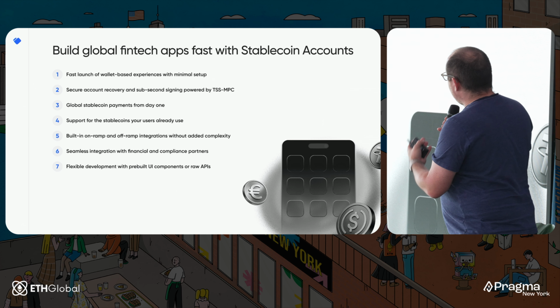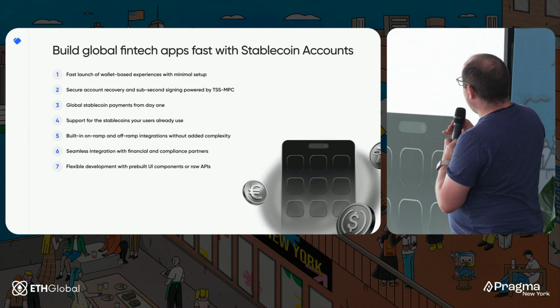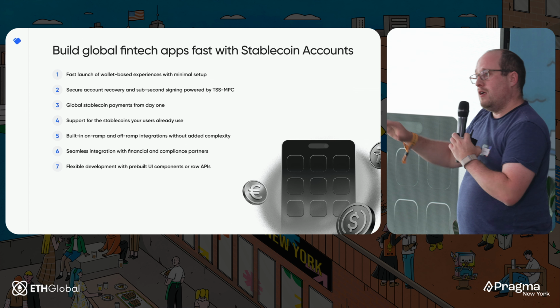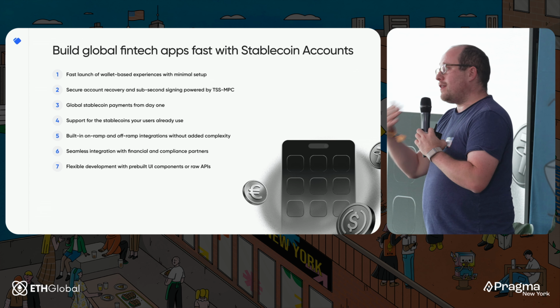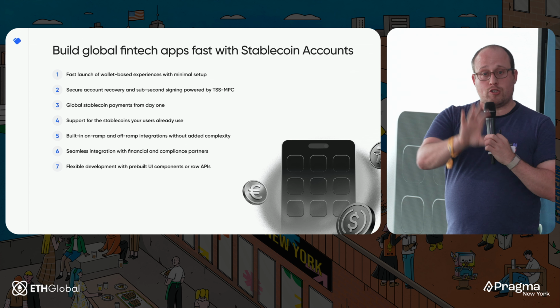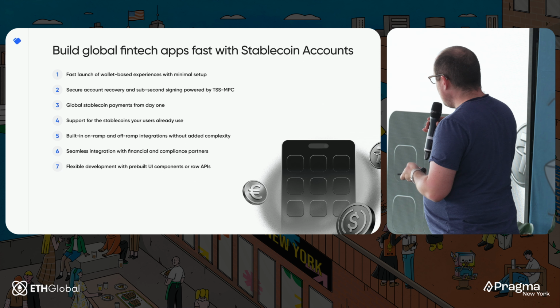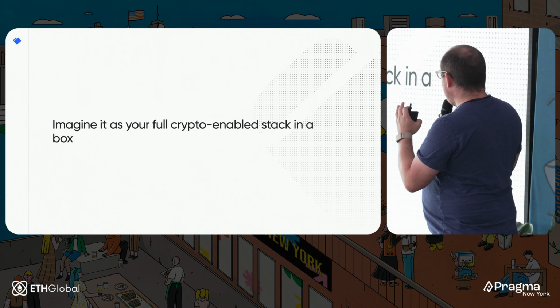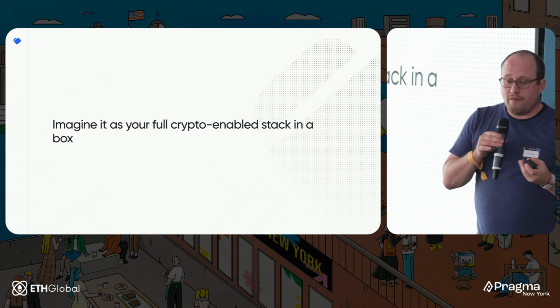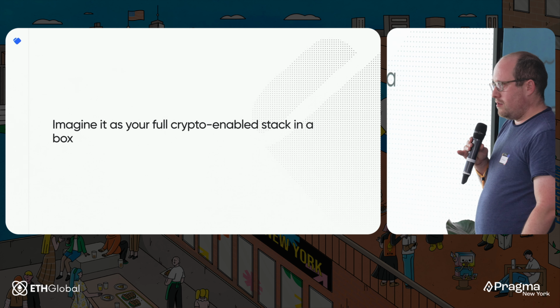And that's where we're spending time, and that's where you'll see a lot of announcements from Dynamic: the ability for you to abstract away not just wallets, but everything that has to do with getting to that on-chain system extremely quickly. So that's where we're spending our time. Now, the way to imagine it is as a full crypto in a box, or stablecoins in a box.